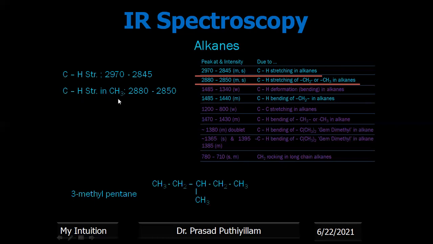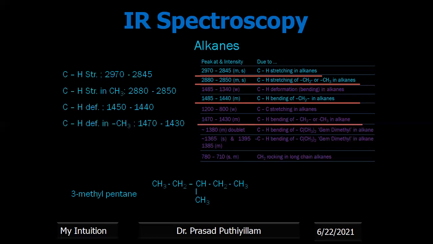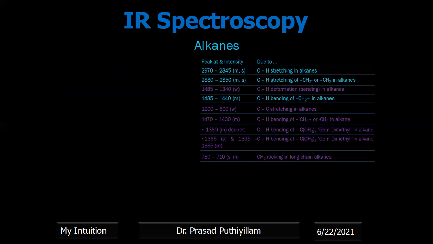And the CH stretching in CH3, where we have three CH3 groups, therefore 2880 to 2850 also we are expecting a peak. Then CH bending of CH2 in alkane, that is 1485 to 1440, and CH bending of CH2 around 1470 to 1430, a medium band. It's also observed.